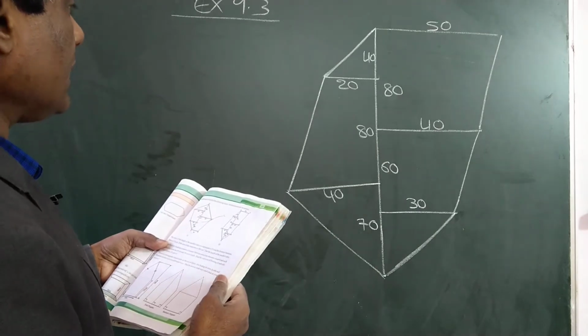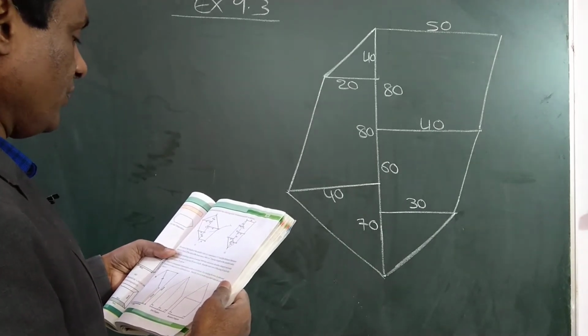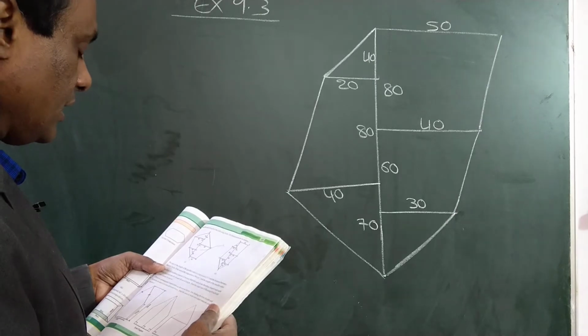So: 40, 20, 80, 80, 40, 60, 40, 70, 30. That's all.